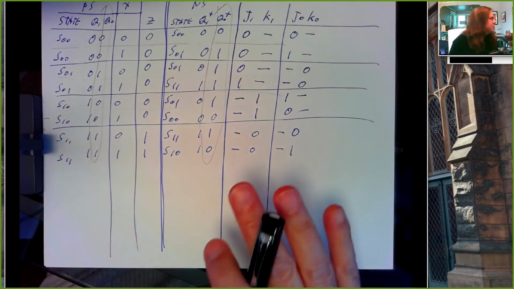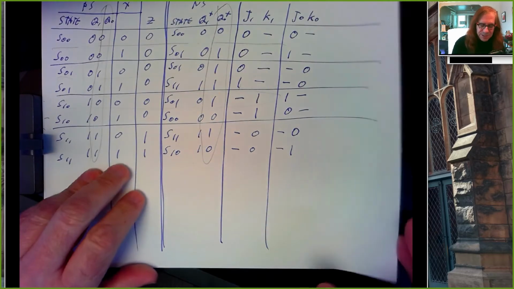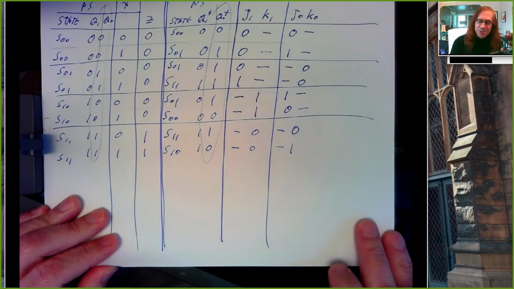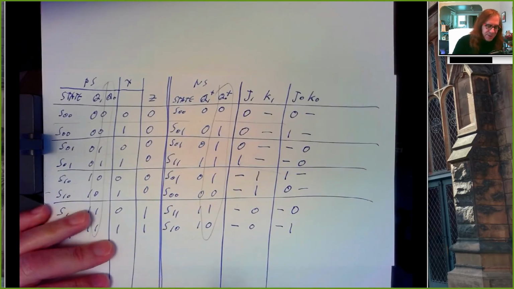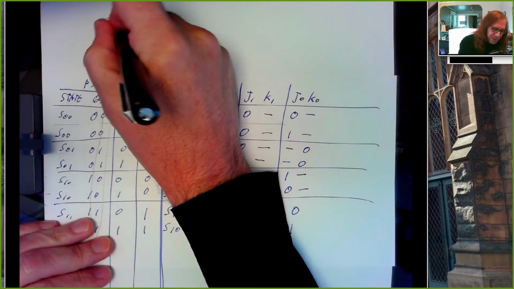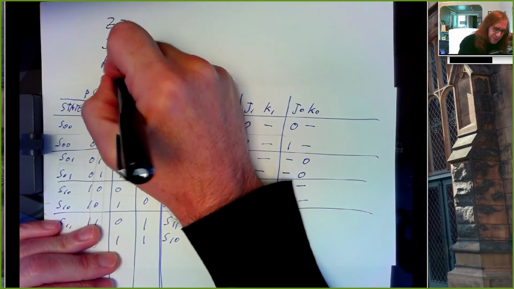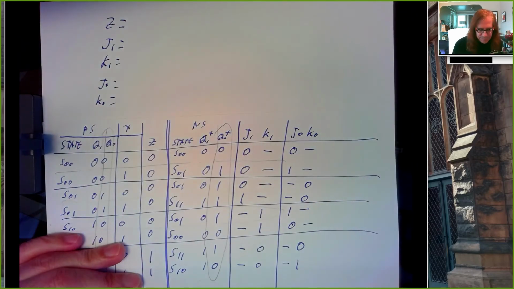Alright, so let's continue with JKs, and we'll take a break after we finish this up. This finishes pretty quickly from this point. So the next step is to write equations. So we want to say something like Z equals, J1 equals, K1 equals, J0 equals, K0 equals.